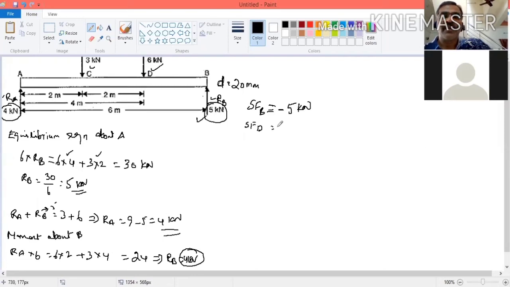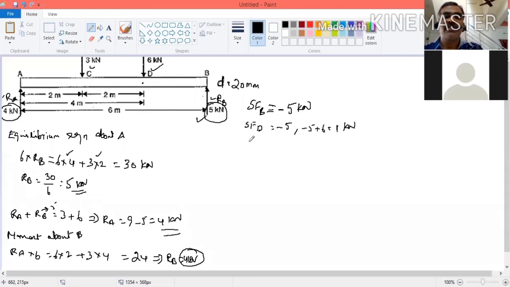So this is minus 5 kilonewton. After that, including the 6 kilonewton, that is minus 5, plus 6, that is a downward force. So plus 6 gives plus 1 kilonewton. So at this point, it will vary from minus 5 to plus 1.